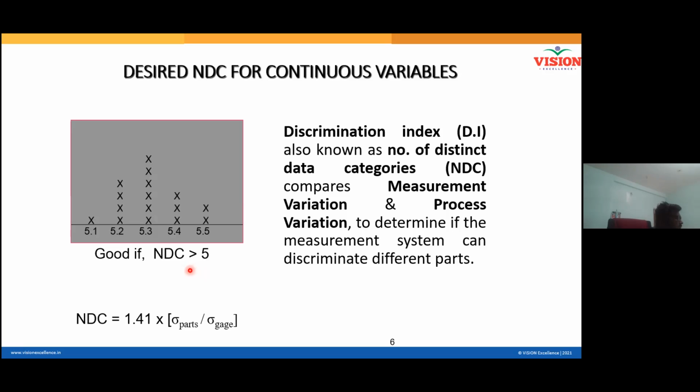Any measurement system should have an NDC of minimum 5. If you are collecting feedback in such a way that it is good, bad, and very bad, NDC is only 3. You can't understand the problem deeper. Minimum how many is required? Minimum 5.